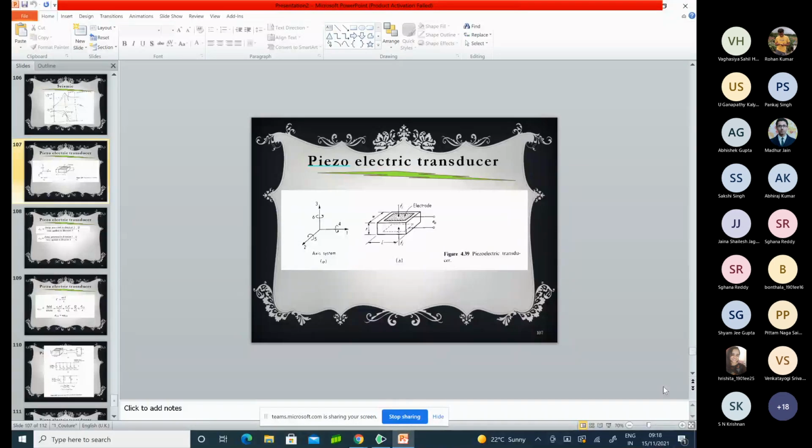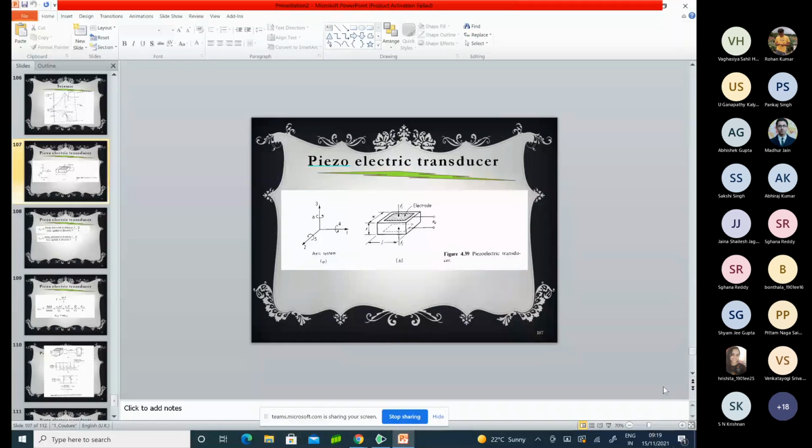Now, if you come down from the thought process to manufacturing or building something, the point is, how do you get the voltage? If you directly apply a wire to the piezoelectric material, you will not get the voltage. So you need to use some mechanism which we call the electrode.